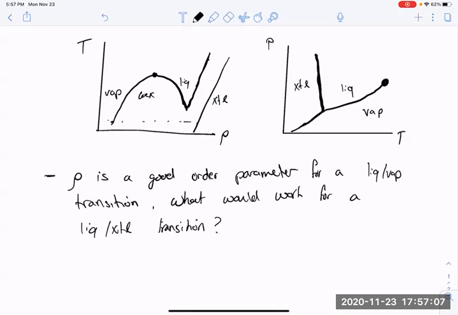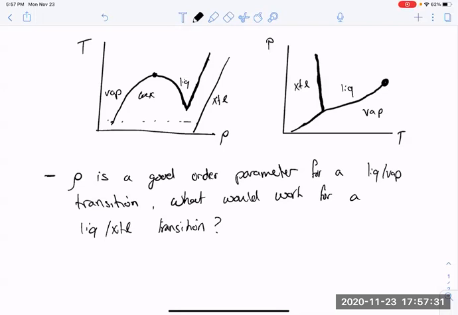So, as denoted in this phase diagram, most systems will change their density as they freeze. If they take a liquid to a solid, say a simple isotropic fluid like methane or argon will have an increase in its density as it freezes. But we know counter examples to that.